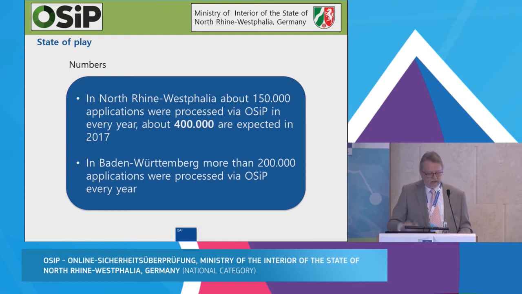More than 10 companies, especially large companies such as Lufthansa and UPS, also submit their applications via OSiP. That is, when you fly Lufthansa the next time, you can remember that the flight crew was checked with OSiP.